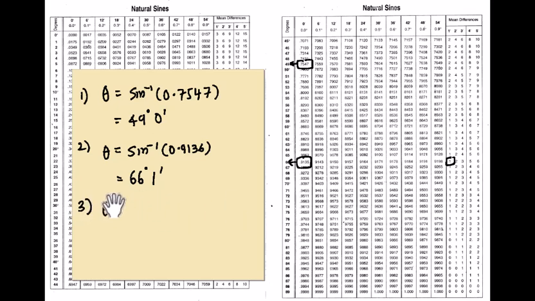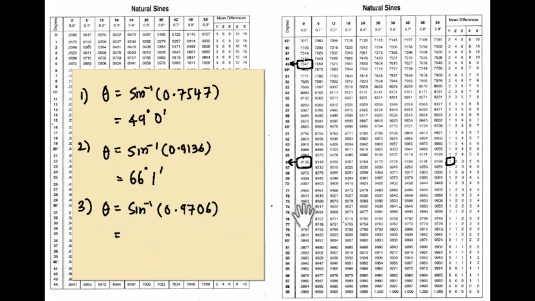Let's take one more example. Try to find theta of sine inverse of, let's say, 0.9706. So you'll try to reach as close to this number 9706 as possible. Pause it and try to find that angle. Okay, I hope you got that.